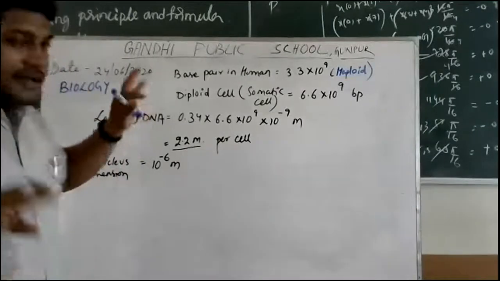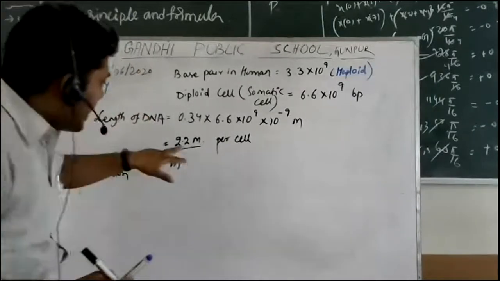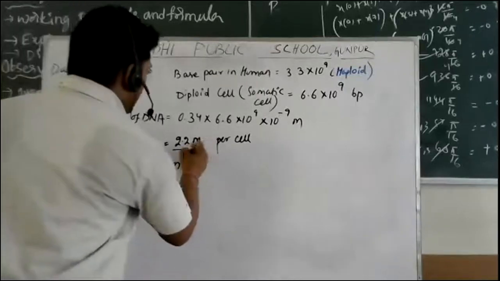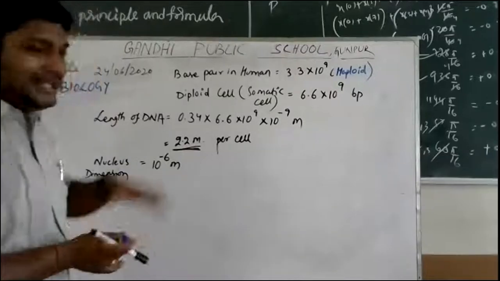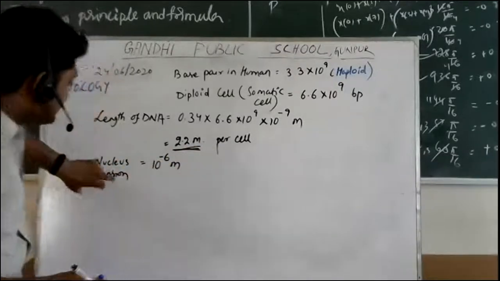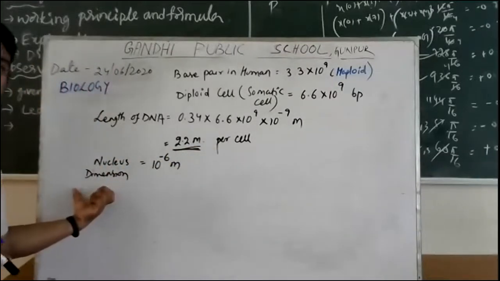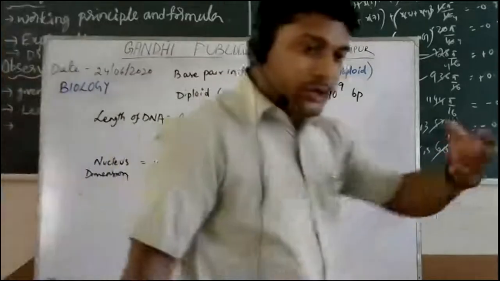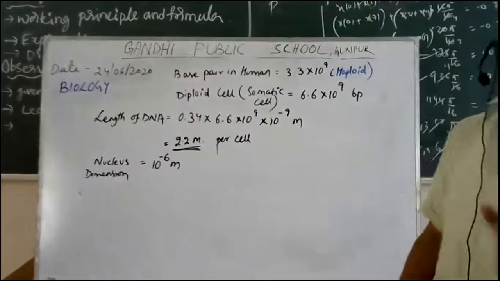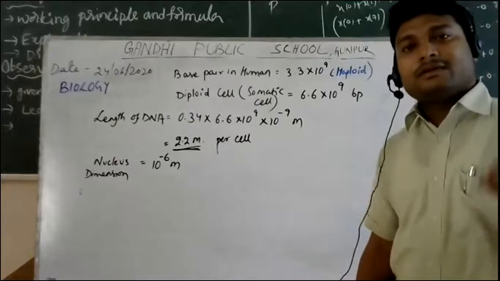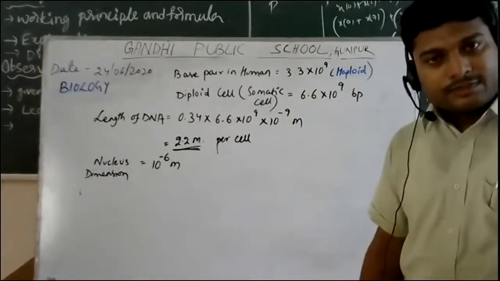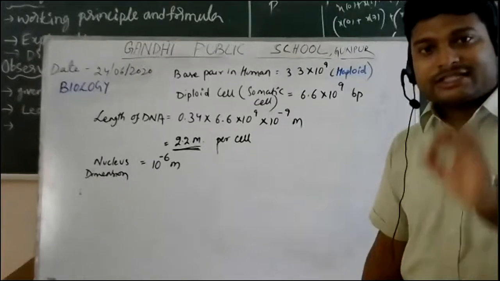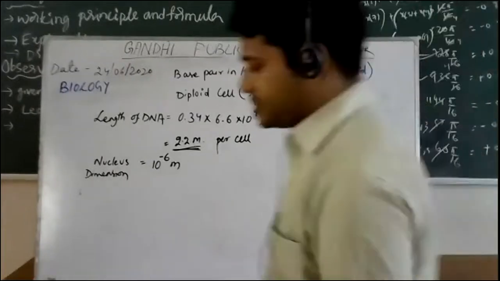Clear? So a very obvious question is, how is this long, 2.2 meters of DNA packed inside a much smaller nucleus? To answer that, we have to understand the mechanism of packaging of the DNA inside the nucleus, both in prokaryotes and in eukaryotes.